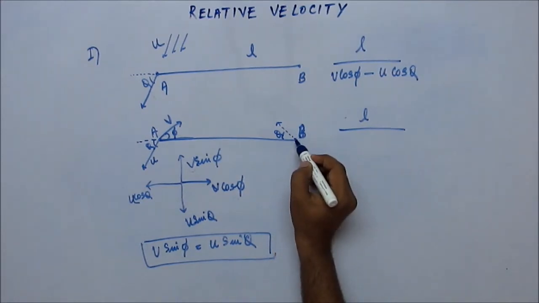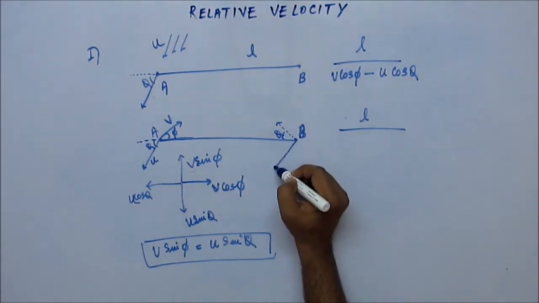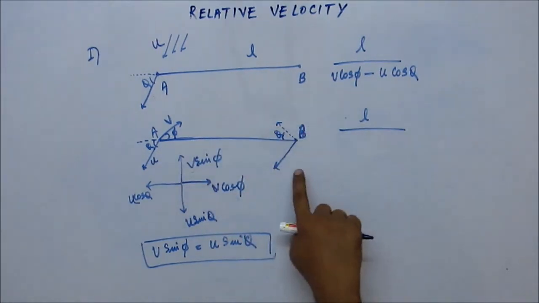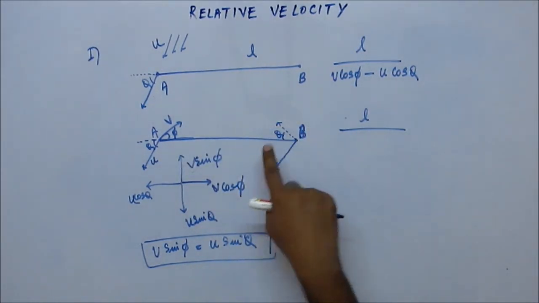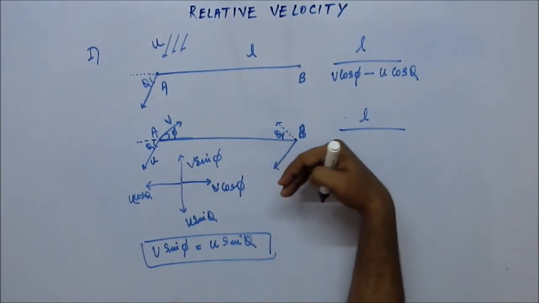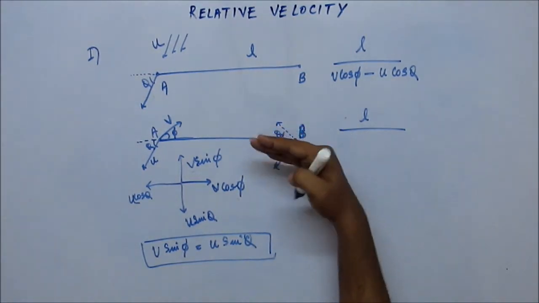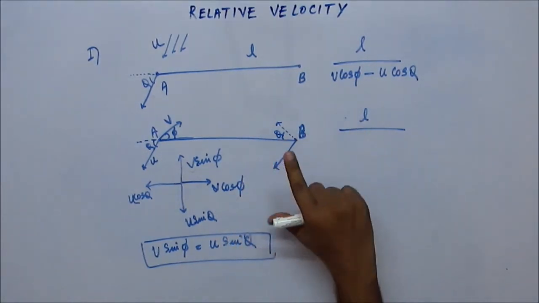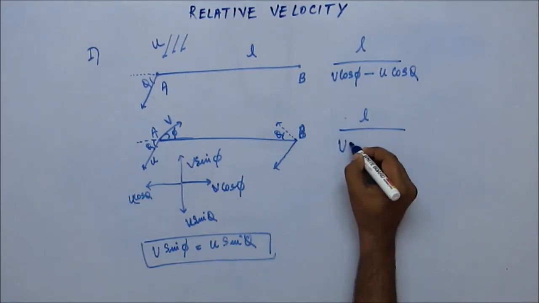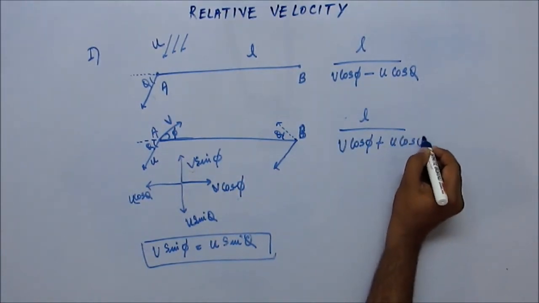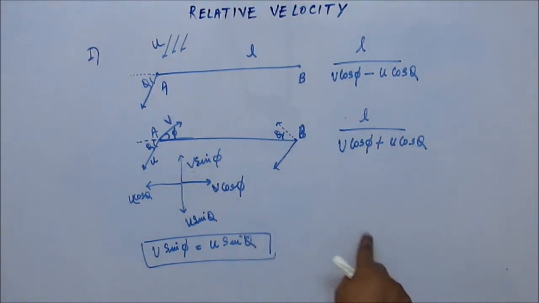But this time the component along AB of the wind is going to support the motion and not oppose it, because the component along the line AB for both the aeroplane speed and the wind speed is going to lie along the same direction. So this time they are going to be additive. So v cos phi plus u cos theta. This is going to be the time taken for the reverse motion.